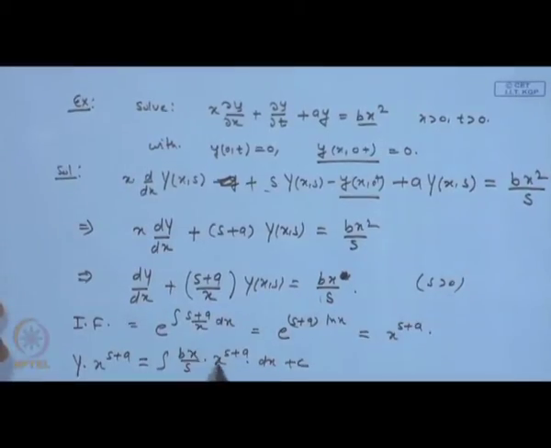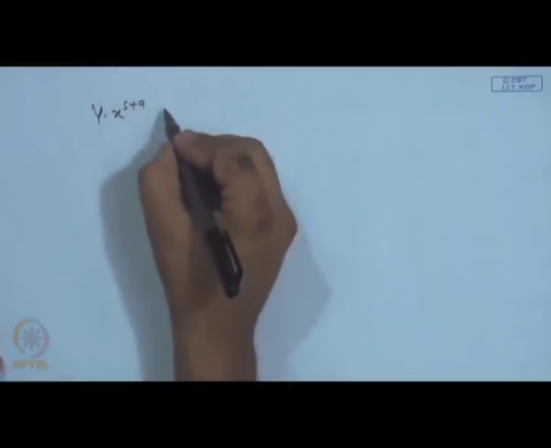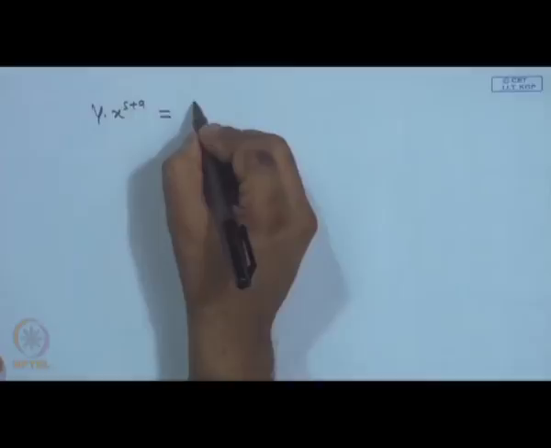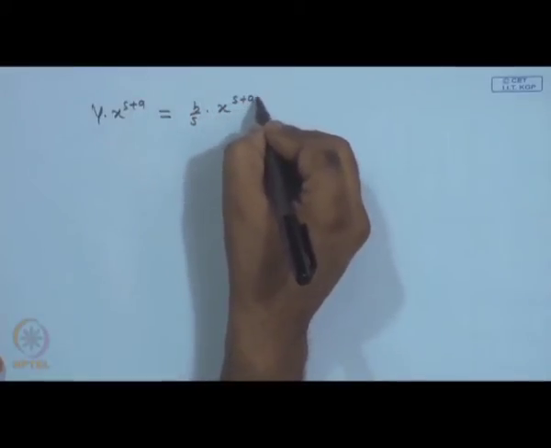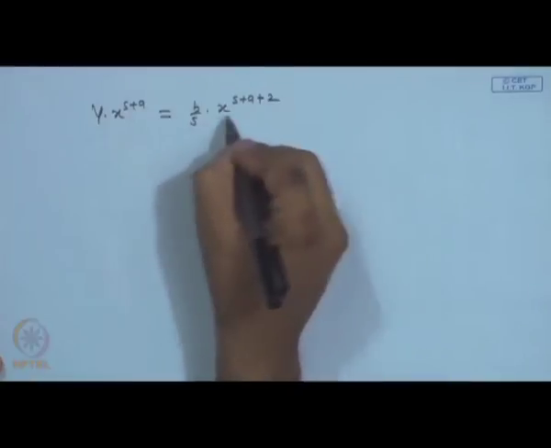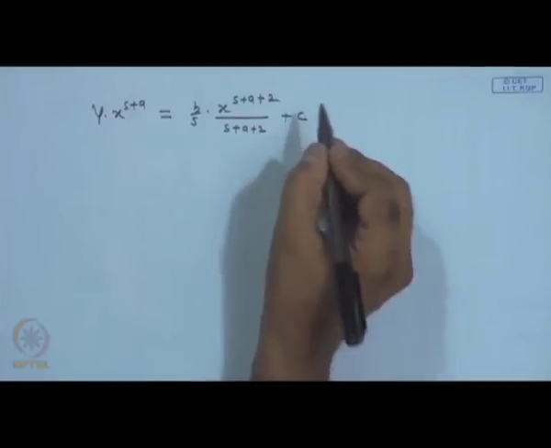So, here we have x power s plus a plus 1. We integrate this, so we get y x s plus a is b over s, and the integral will be s plus a plus 1 plus 1, so 2, and then we have s plus a plus 2 and a constant.